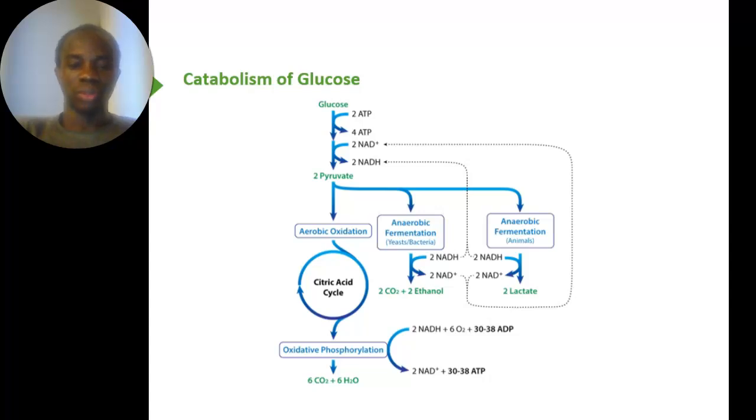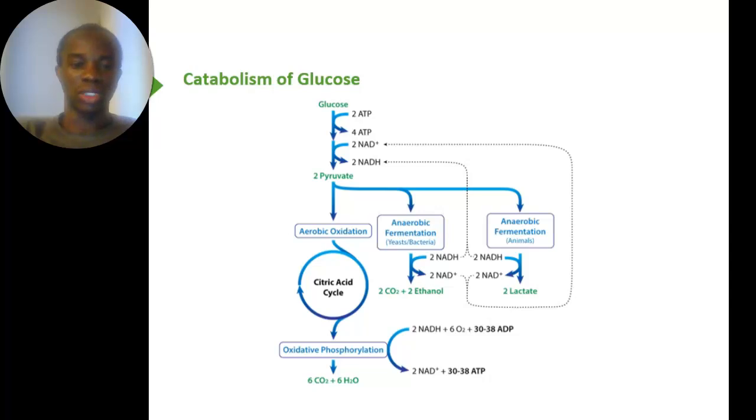First, when we talk about catabolism of glucose, it means we are talking about the breaking down of glucose to simple molecules such as carbon dioxide, CO2, and water, H2O. This process is accompanied by release of energy in the form of a chemical molecule called ATP.